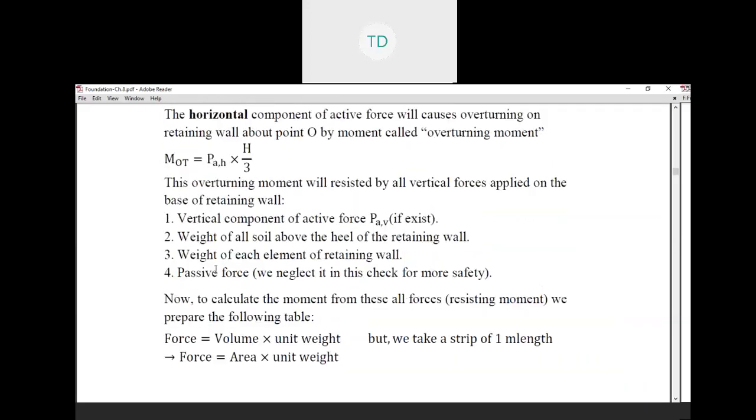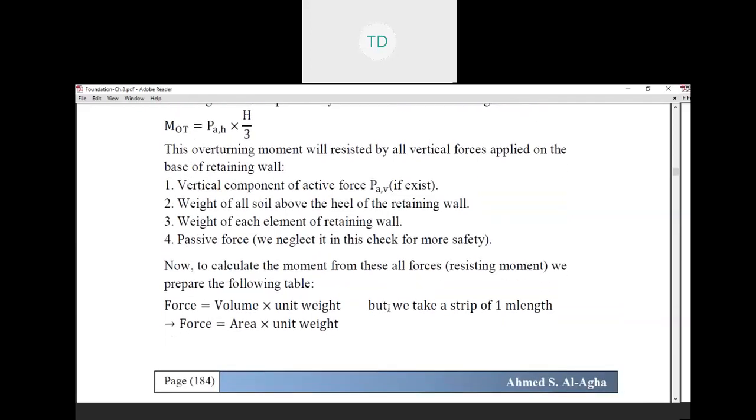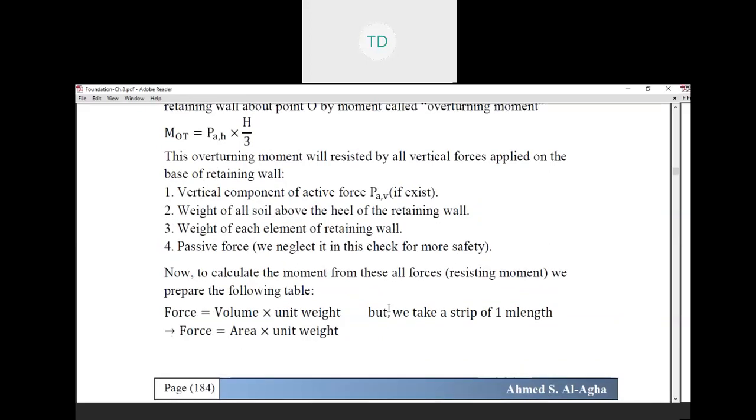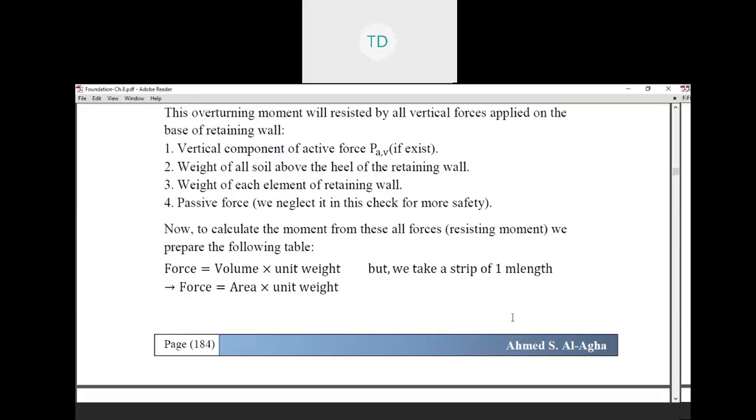Now, to calculate the moment from all four resisting forces, we prepare the following table. Force is equal to volume into unit weight, or area into unit weight, but we take a strip of 1 meter length.